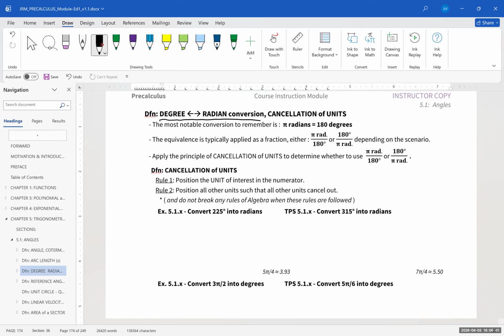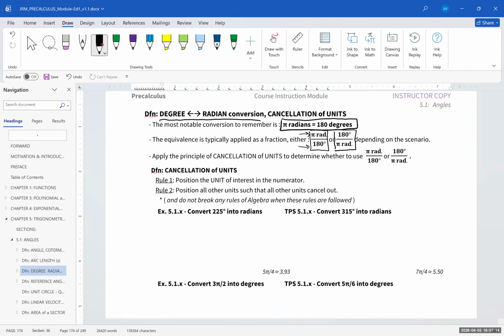This is probably the most significant relationship we've got. This will allow us to convert back and forth. And this equivalence is usually expressed as a fraction. So here we've got pi radians over 180 degrees, or we can flip that and have 180 degrees in the numerator and pi radians in the denominator.